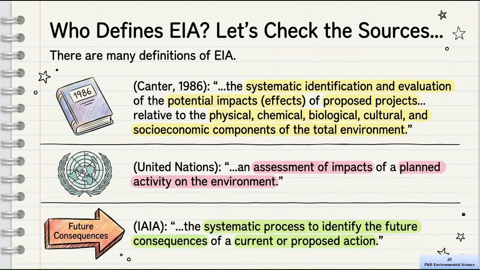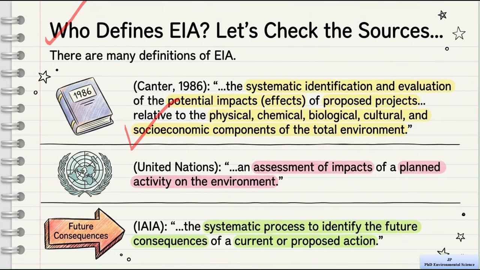There is no single definition of EIA. Different experts and organizations define it in their own way, but all definitions mean almost the same thing. As per Cantor 1986, EIA is a systematic process to identify and evaluate impacts of proposed projects on different parts of the environment. It includes physical environment like air, water, land, chemical aspects, biological aspects like plants and animals, cultural aspects, socio-economic aspects like people and economy.